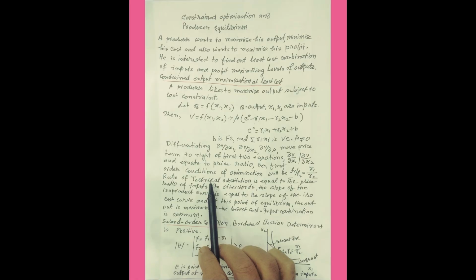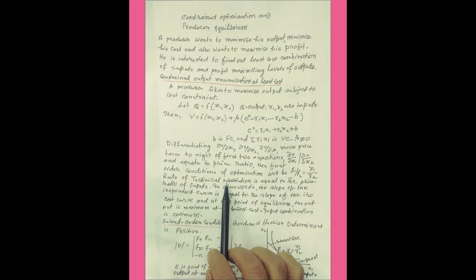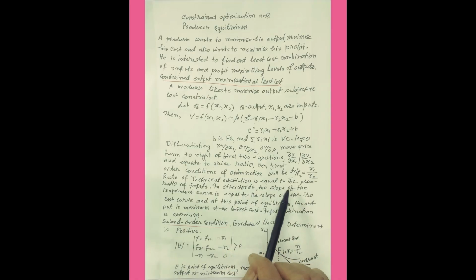This is also known as the slope of the isoquant, which is equal to the price ratio. In other words, the slope of the isoquant curve is equal to the slope of the isocost curve.